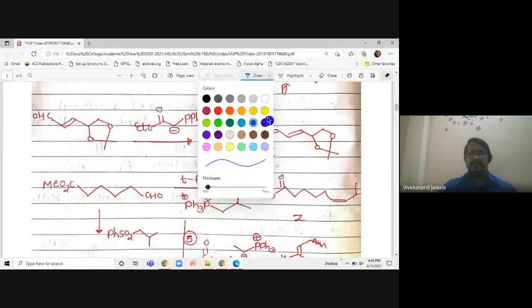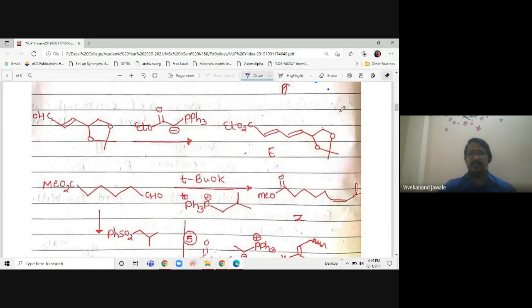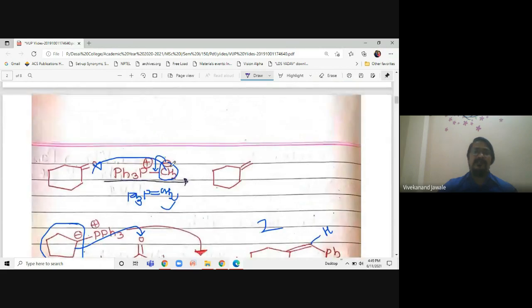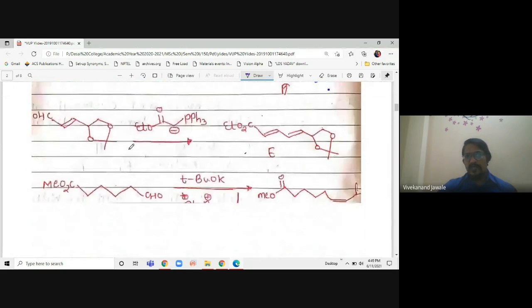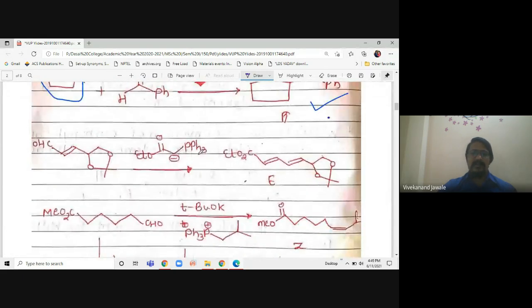Now, instead of this color I'll change to a slightly dark color and I will increase the thickness. Okay, see here, this negative charge is earlier present, so it is not attached to any group over here, right? But here now this PPh3 has a CH2, and instead of this CH2, what group is attached? C double bond O OEt.